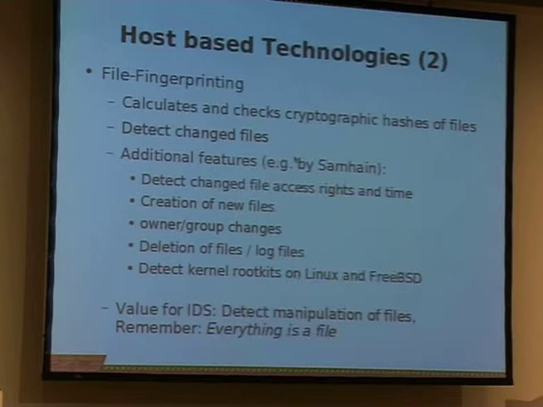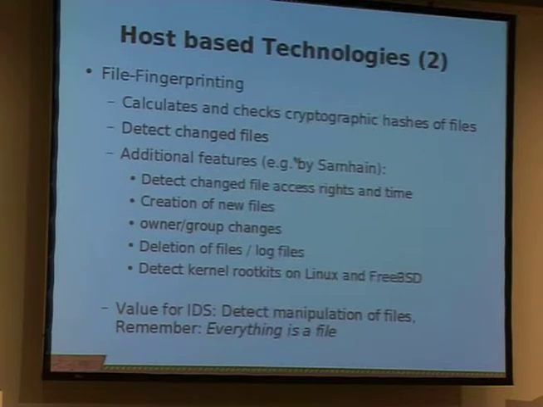File fingerprinting means that you calculate a cryptographic hash of the files and store them in a secure place, and with it you can detect changes in the content of the files.